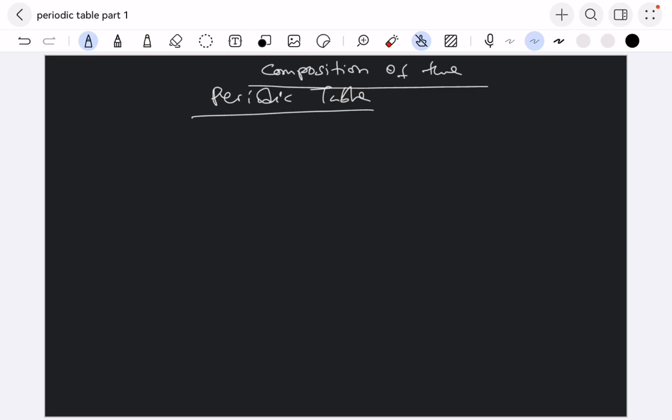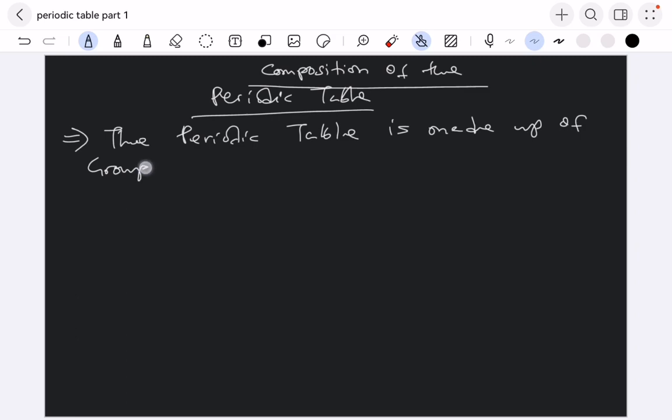In terms of composition, we say the periodic table is made up of groups and periods. The periodic table is made up of groups and periods.